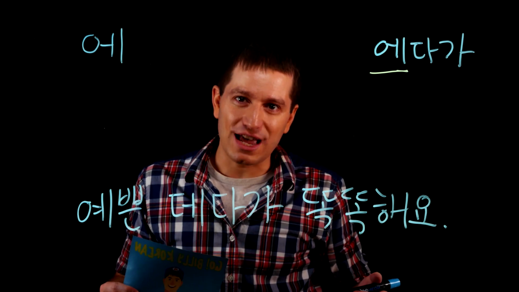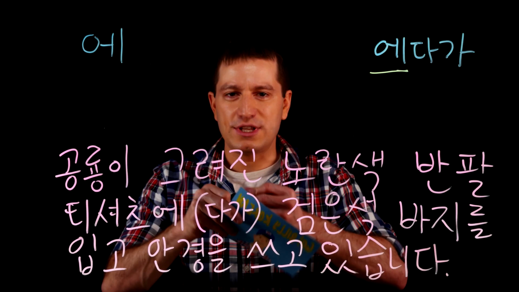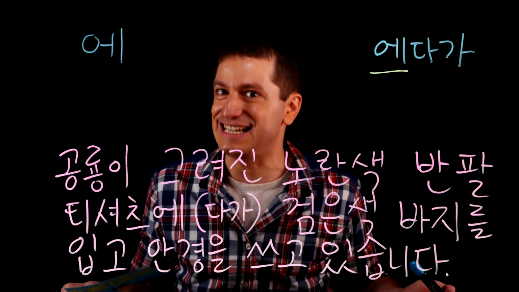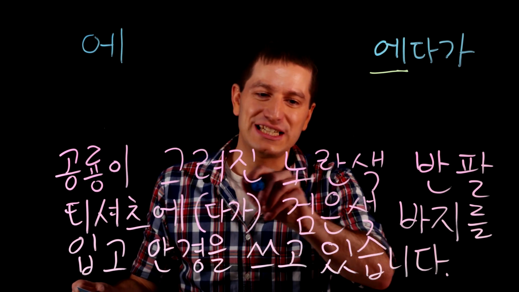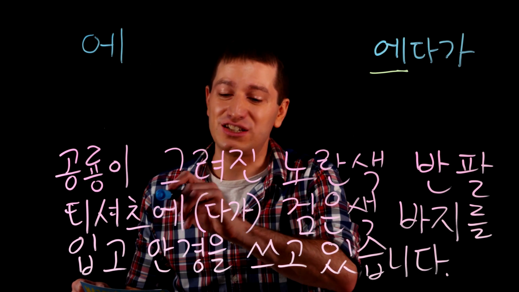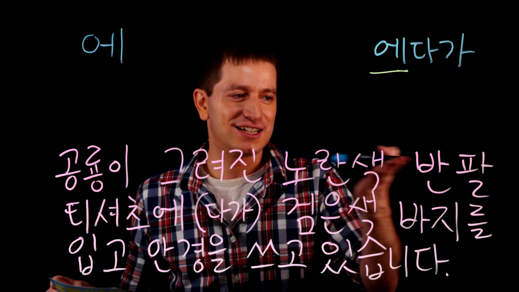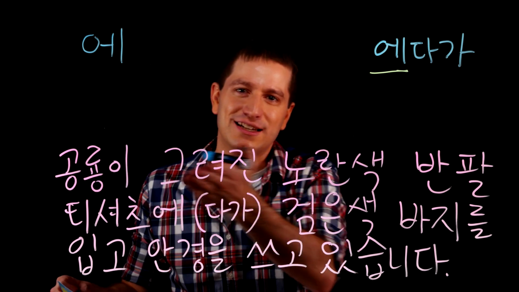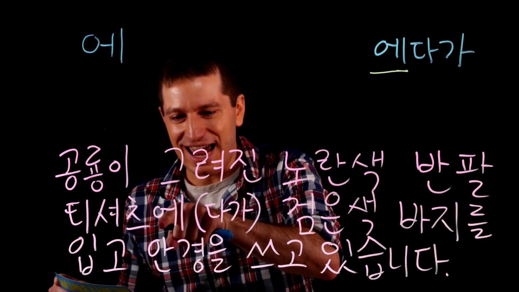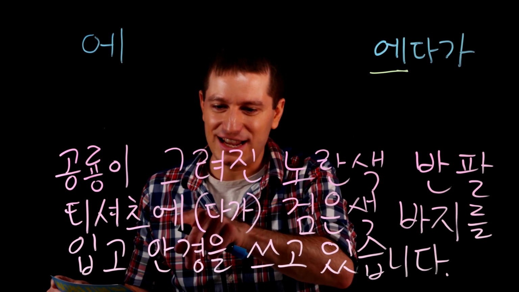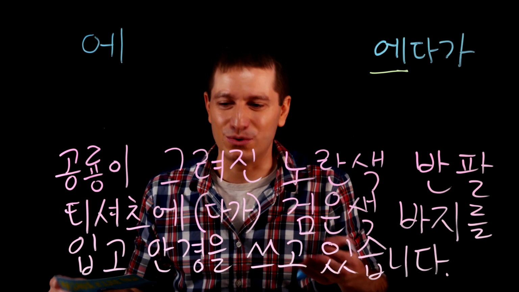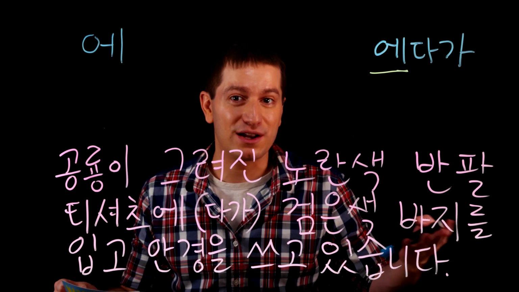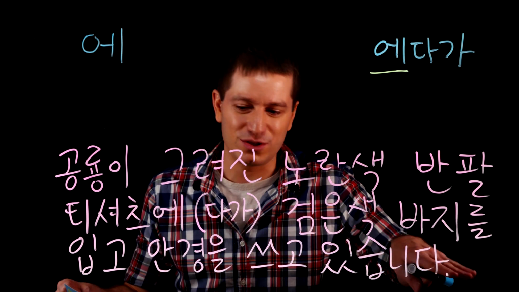This is where the overlap happens between 에다가 and 에. This sentence actually comes from my Korean test series, episode 19. 공룡이 그려진 노란색 반팔 티셔츠. So we have a yellow short sleeve t-shirt with a dinosaur drawn on it. 에, on top of, 에다가, in addition to, or and, 검은색 바지 입고, wearing black pants, and 안경을 쓰고 있습니다, wearing glasses.